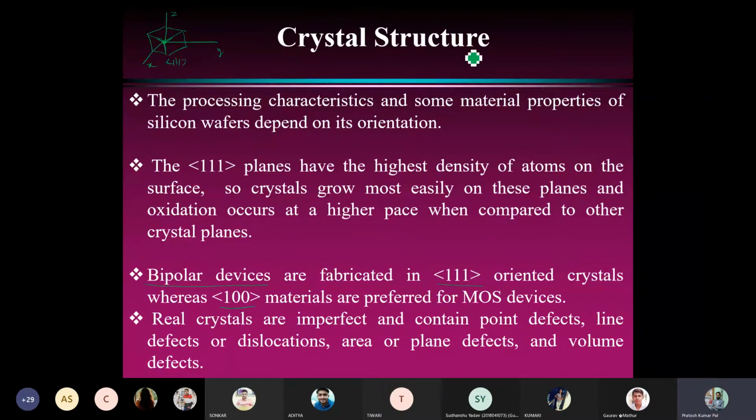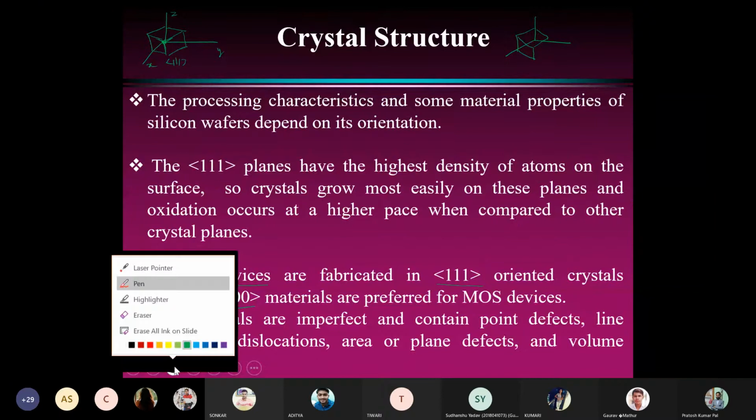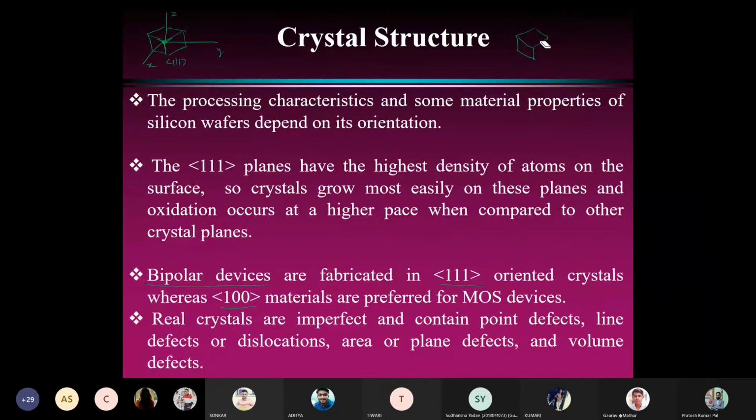orientation. Similarly, if we consider 100, okay, so we'll see.